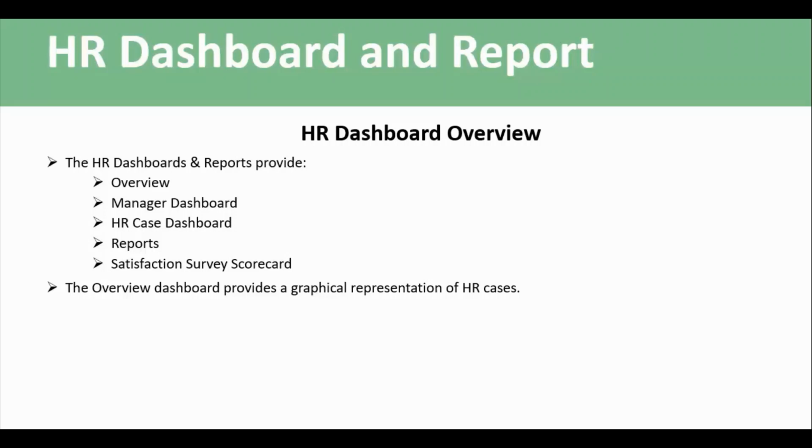Okay, now we are coming to the HR dashboard overview. In the overview, as we already discussed, there is an overview, manager dashboard, HR case dashboard, reports, and satisfaction survey scorecard. Manager scenario, I have already discussed how the manager can track the team progress, and how he is able to see how many tickets are from the particular category.